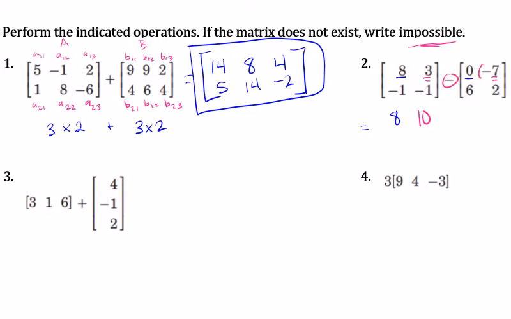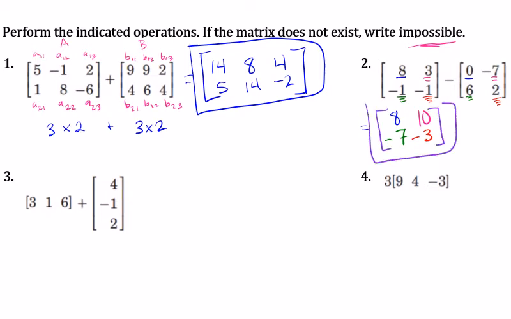So we had a minus negative, so that turned to a plus. Then we have negative 1 minus 6, right? So that'll be negative 7. Negative 1 minus 6 is negative 7. And then finally, we have negative 1 minus 2, which will be negative 3. Okay, and so that's our resulting matrix.